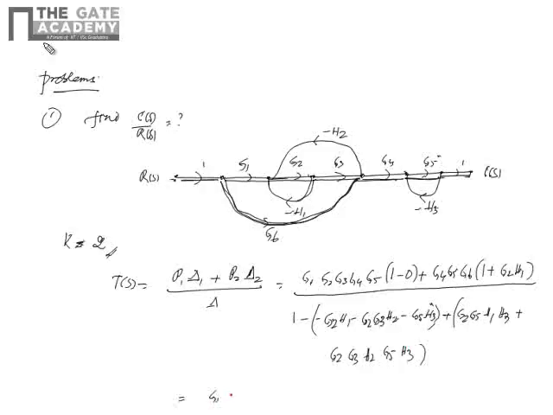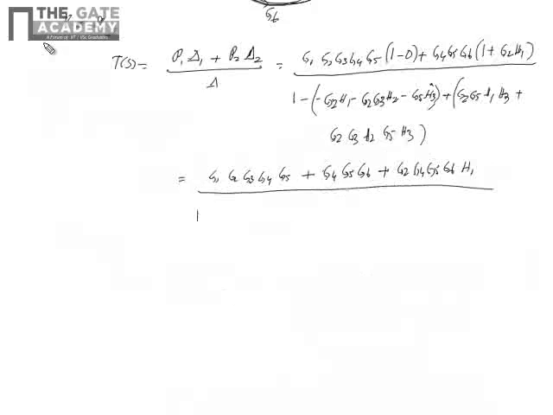So finally, G1 G2 G3 G4 G5 plus G4 G5 G6 plus G2 G4 G5 G6 H1 divided by 1 plus G2 H1 plus G2 G3 H2 plus G5 H3 plus G2 G5 H1 H3 plus G2 G3 G5 H2 H3.